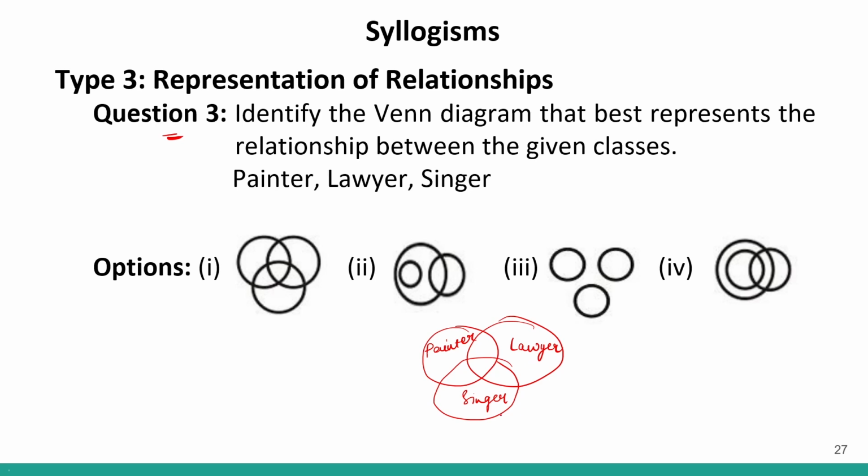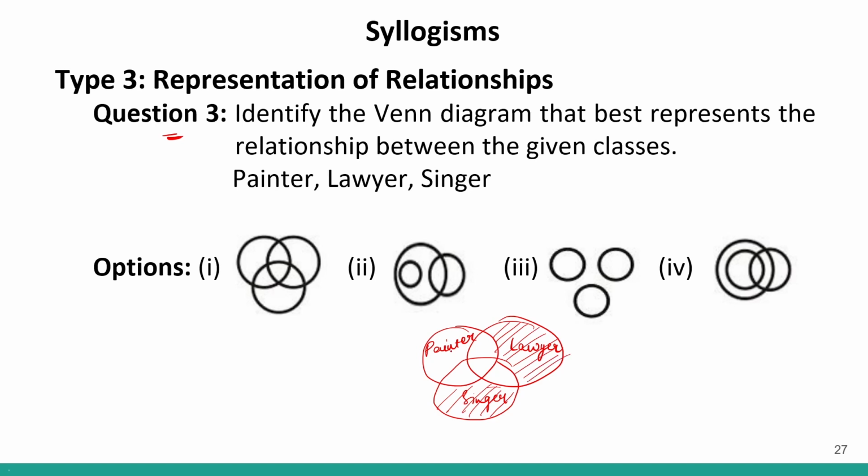So this will be the perfect representation of the relationship, because these 3 can overlap with each other. There can be people who can do both. There can be people who can do 3 also. And there can be people who can do only 1. So this area will represent people who are just a painter and nobody else. Similarly, this area will represent people who are just singer and nothing else. Similarly, this area will represent people who are just lawyer.